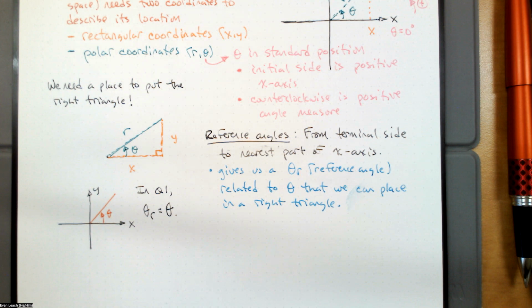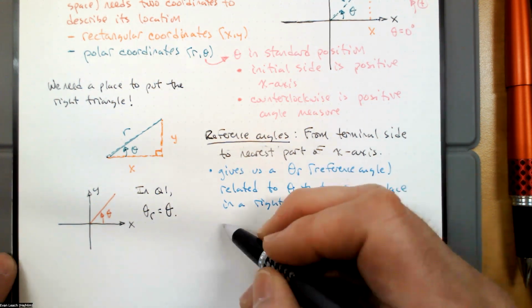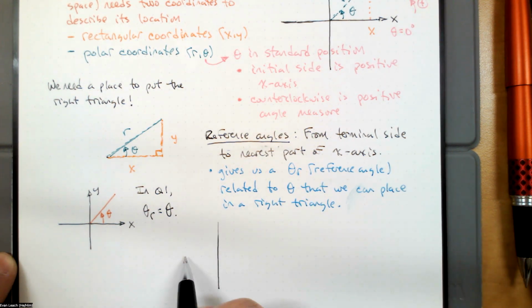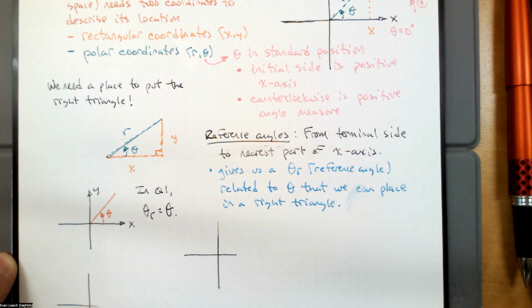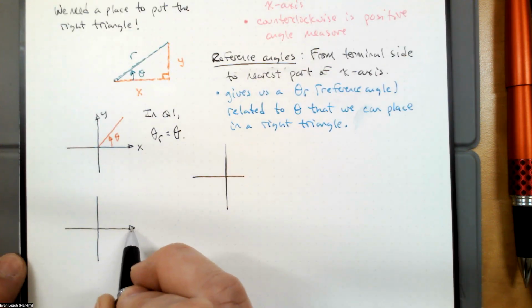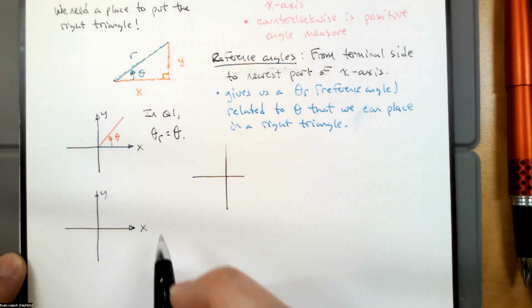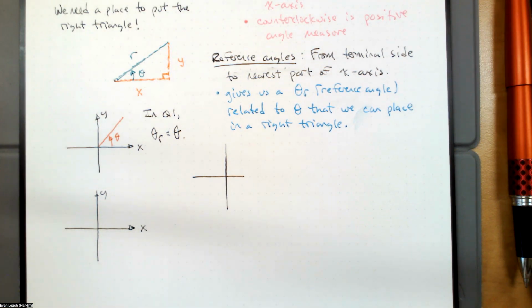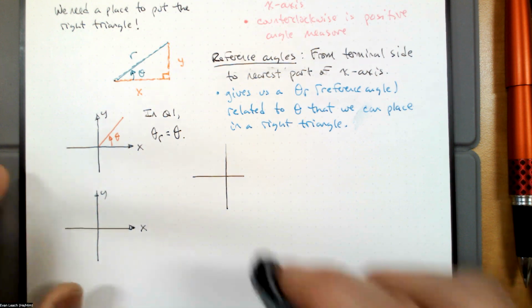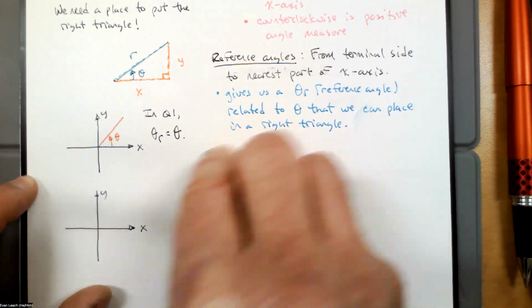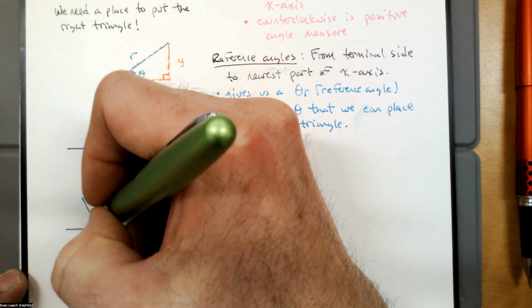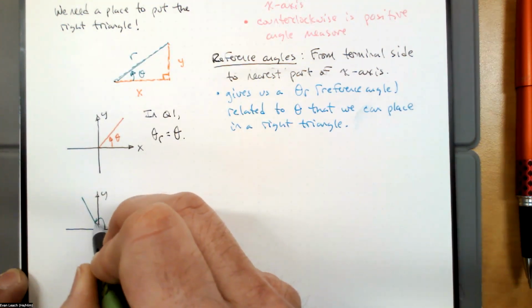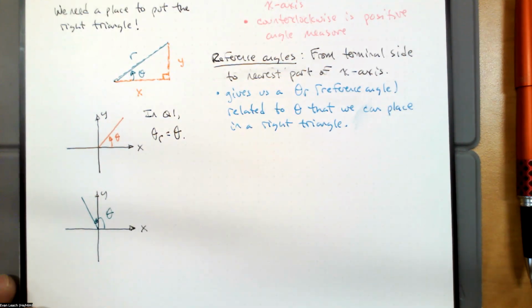In quadrant two, if we've got an angle with the terminal side in quadrant two, we want to go from the terminal side to the nearest part of the x-axis.